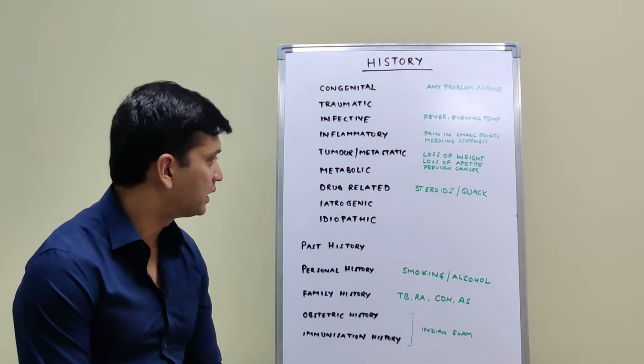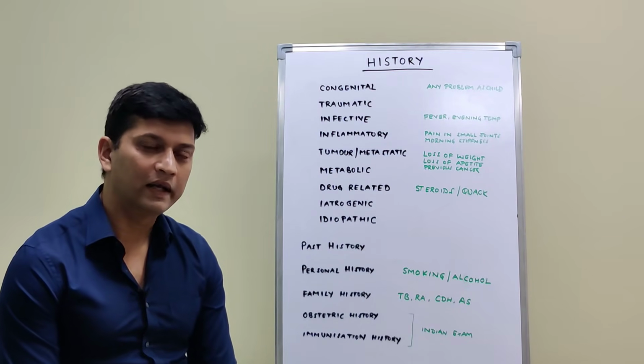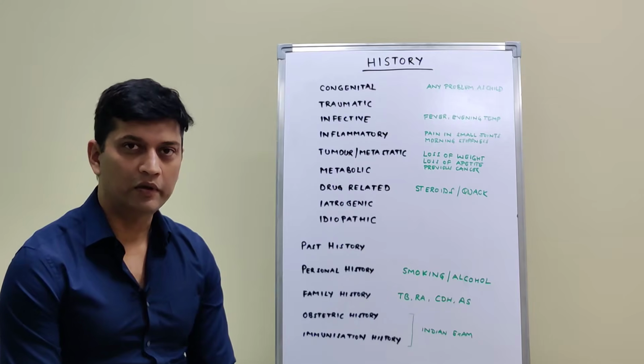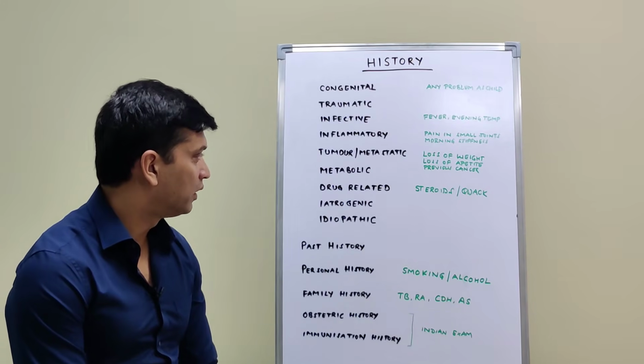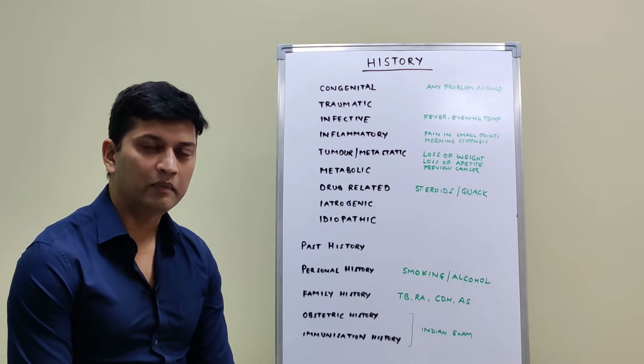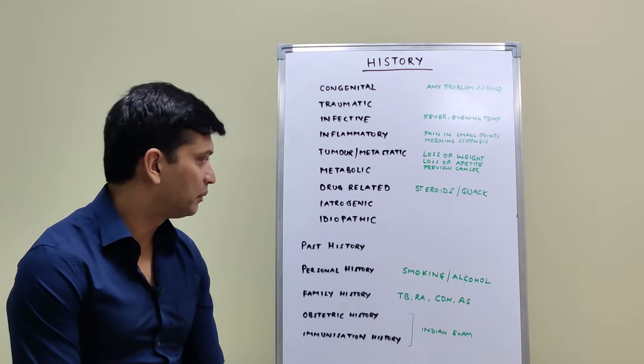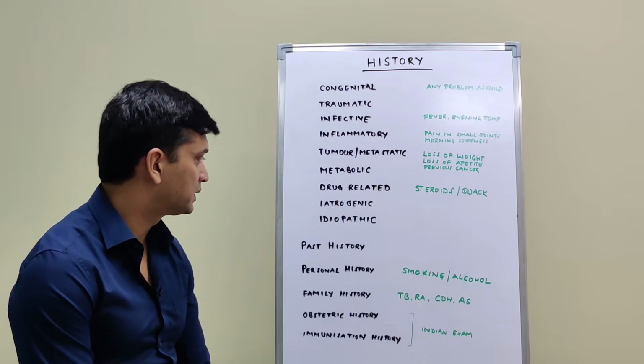Or somebody who had a hip replacement and comes up saying that now the leg is longer, and that is also extremely common. Or you have increased the offset to an extent that it has led to trochanteric bursitis or lateral hip pain. So these are some causes that I have seen in my medical practice.